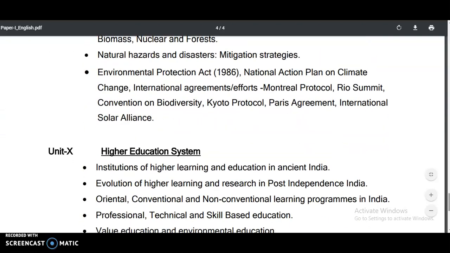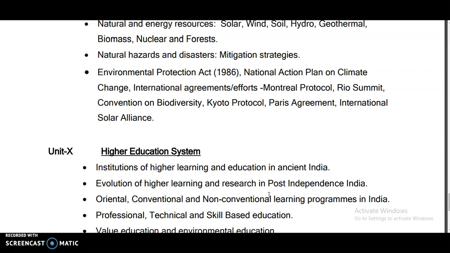So from these 6 units, you must be ready to answer a minimum of 3 questions from each and every module, so 6 into 3 is equal to 18. That means 18 questions you must attempt from these remaining 6 units.